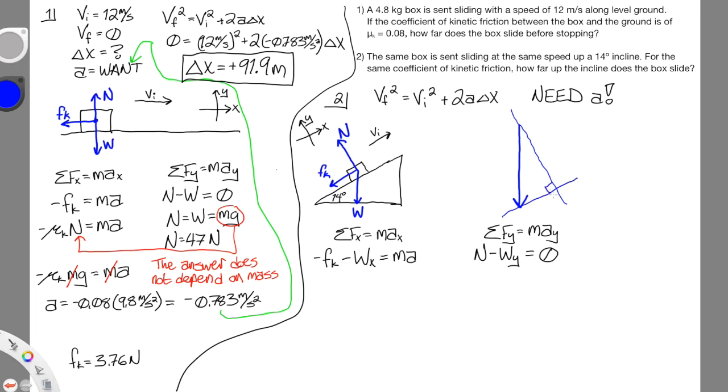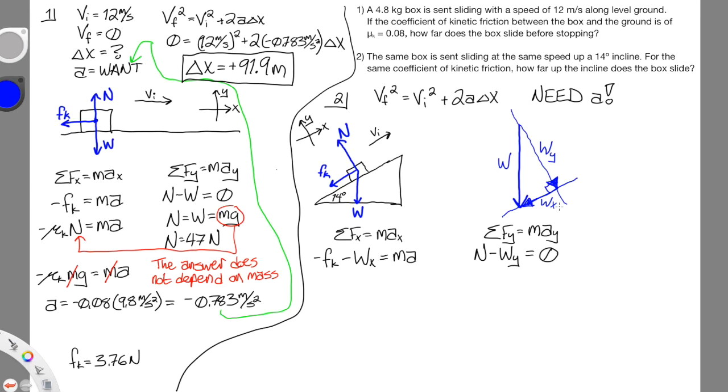Then that will outline your triangle for you, where this side is w, this side, with that arrow right there, is wy in the negative y direction. And this side is wx.